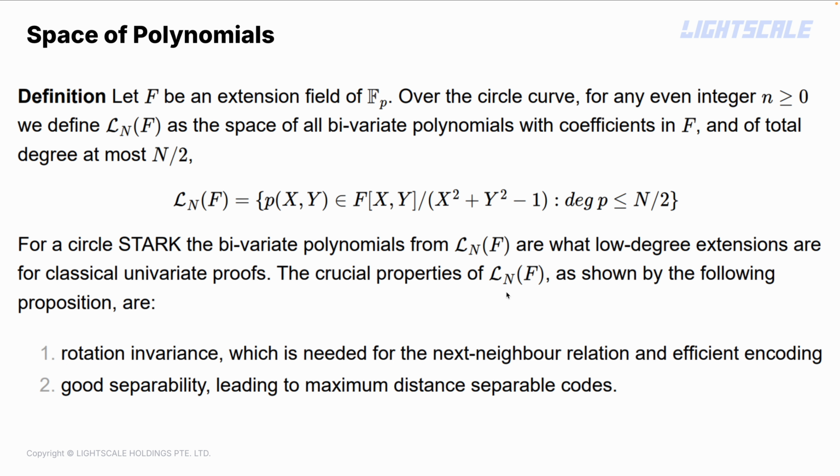They say the crucial properties of this polynomial space are rotation invariance, which they say is crucial for this FRI to work, and also good supersingularity. But I'm not sure why they are actually crucial.